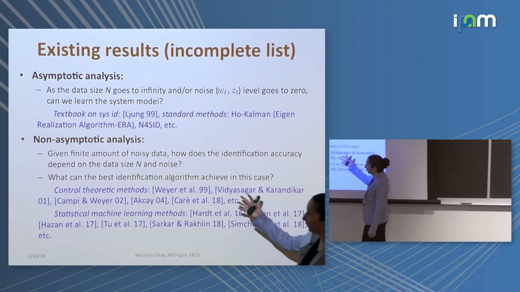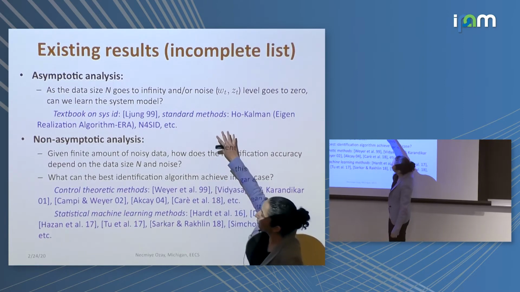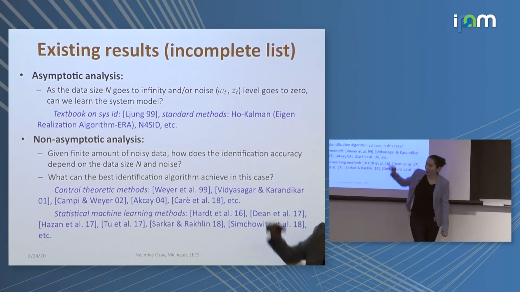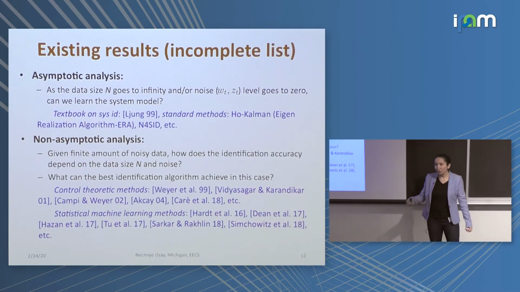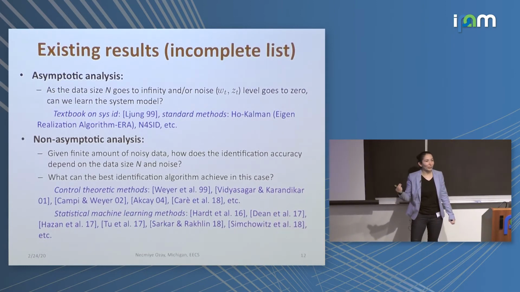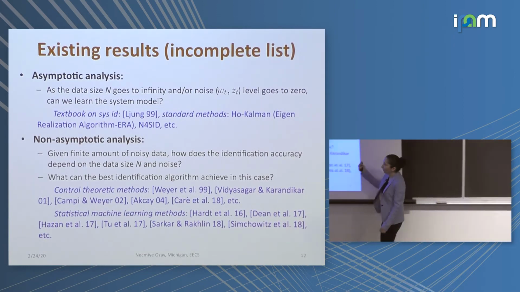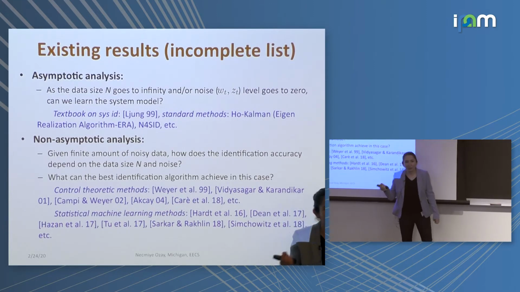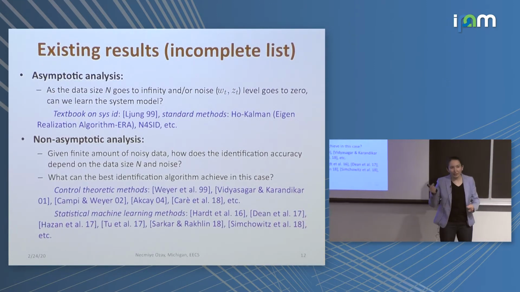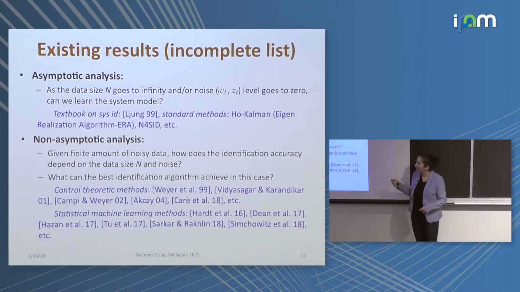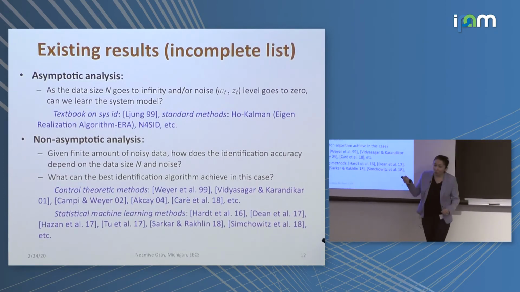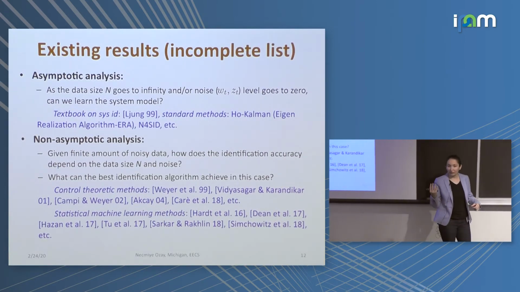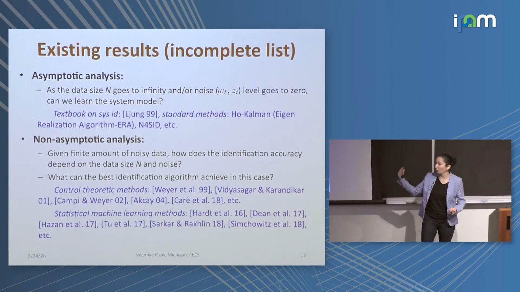where the control theoretic results are not specifically for these algorithms. They have certain assumptions. For example, one of the assumptions they have is something called noise invertibility, which roughly means that from your data, if you know the actual system parameters, you can uniquely solve for the noise.